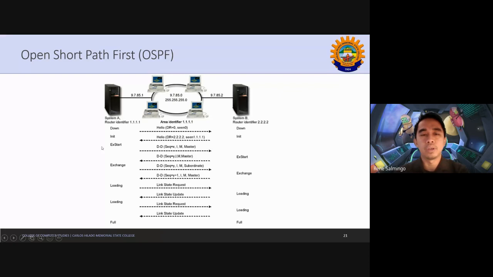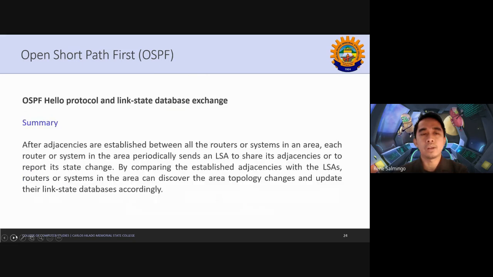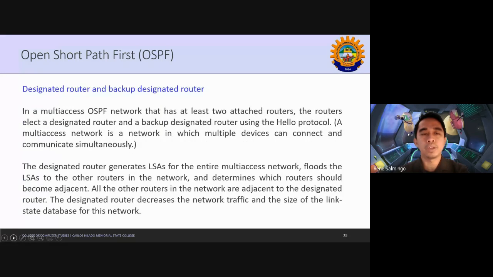So the master would be system A, and you are the subordinate, the computers inside the system. So that's how we deal with OSPF.